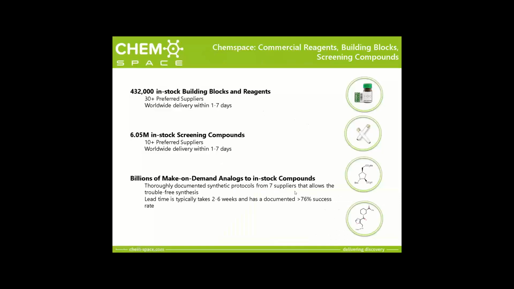It holds over 40,000 in-stock building blocks available from over 30 preferred suppliers and over 6 million in-stock screening compounds. Also, we offer access to billions of make-on-demand analogs of those in-stock compounds that can be synthesized and delivered to the lab relatively fast and with a high success rate.